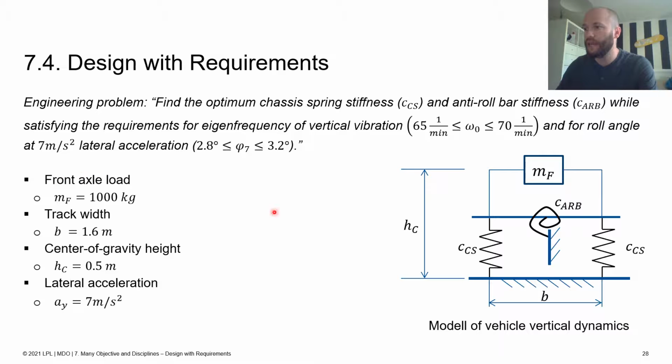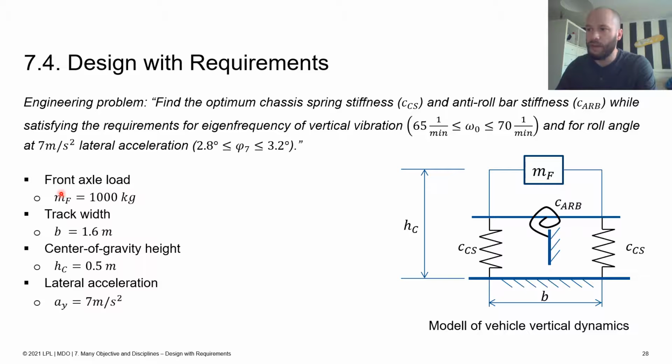On the next slide, we also have a mechanical model to illustrate the working principles of the suspension. Here you see that we have a rotational stiffness of the anti-roll bar. This is against a rotational movement of the car. And then we have the springs that are connected to the wheels that give a stiffness with respect to the translational movement of the suspension.